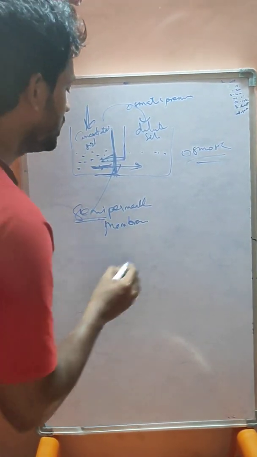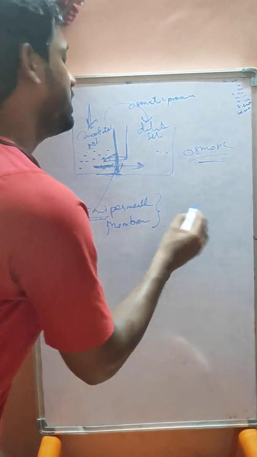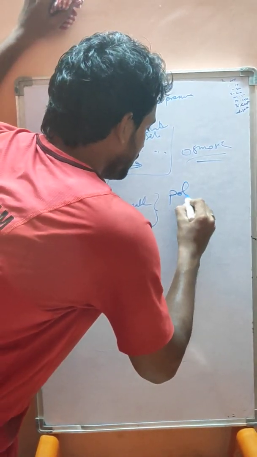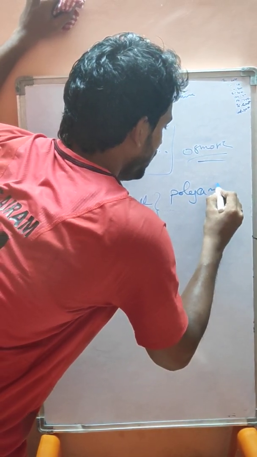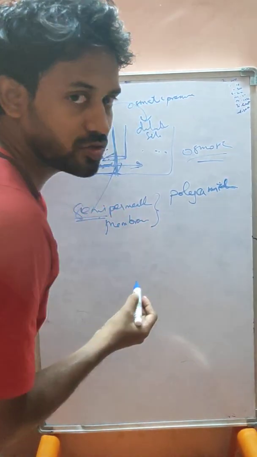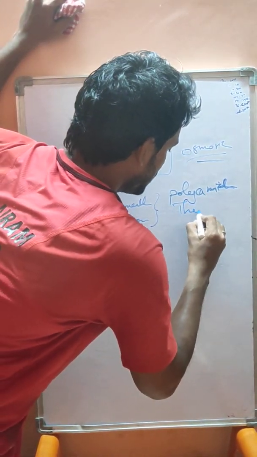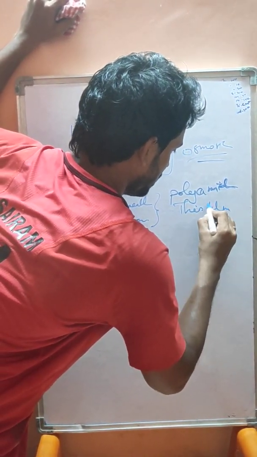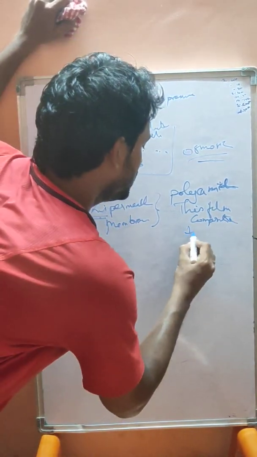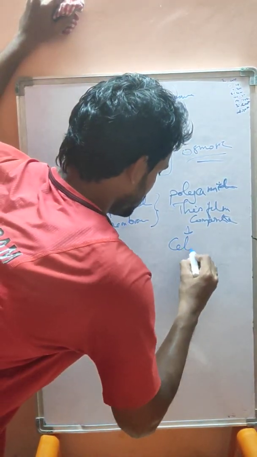While we're talking about semi-permeable membranes, there are two types. The mostly used one is polyamide, which is also called thin film composite. The next one is cellulose.